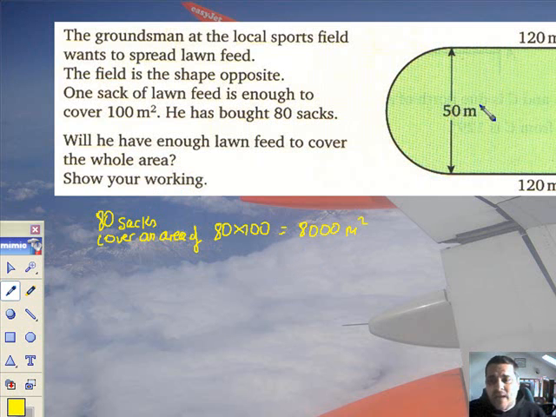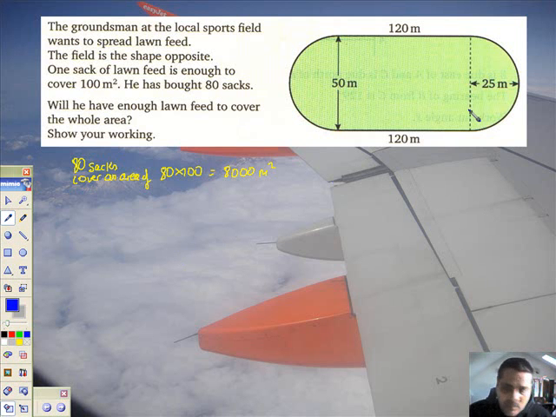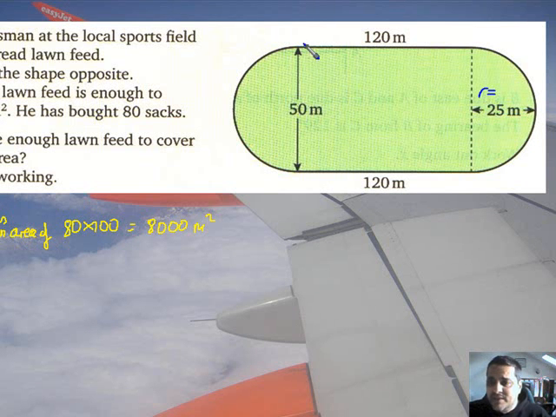Now I've got to essentially work out the area of this green field here, the sports field. Well, what have I got? Incidentally, please note this is the radius. So radius equals 25 meters. This is a lovely little diameter drawn for us. Diameter is 50. They didn't need to tell us that the radius was 25.